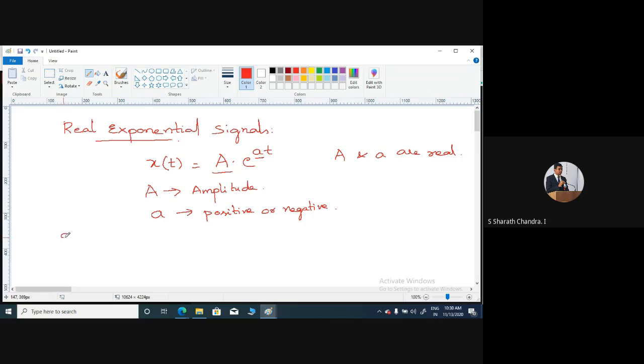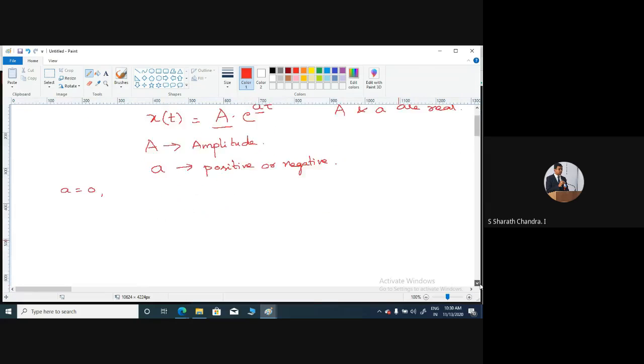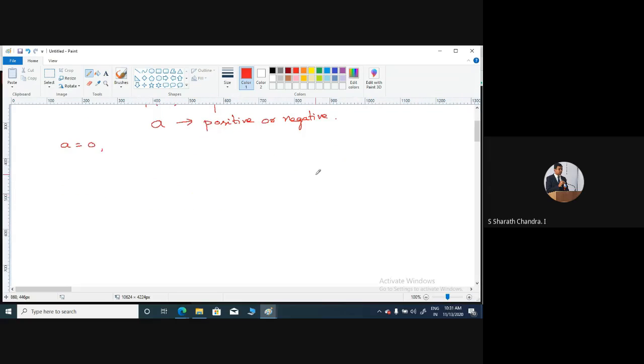Let us consider if a is equal to 0. If small a is equal to 0, the signal x of t is a constant amplitude for all times. As we know, x of t is given as A into e power at. Since a is equal to 0, this becomes A into e power 0, which is equal to 1, or simply A into 1, that is A in this case.